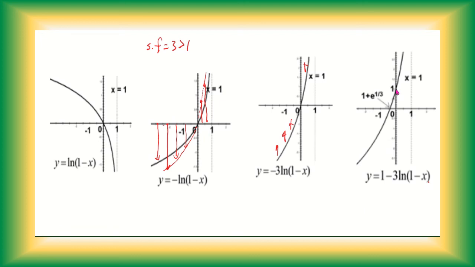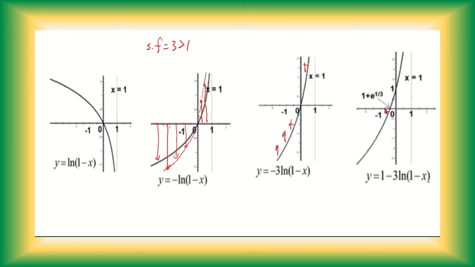The vertical translation will not affect the vertical asymptote, but the translation going up will create another new x-intercept here. Since we shift the curve up, some other point will intersect with the x-axis and become the new x-intercept.